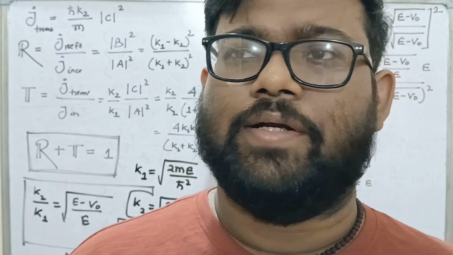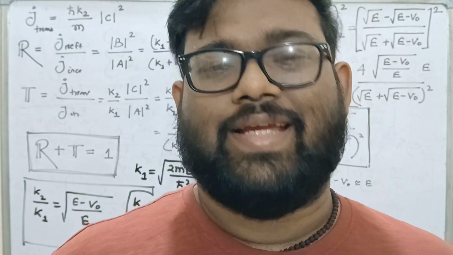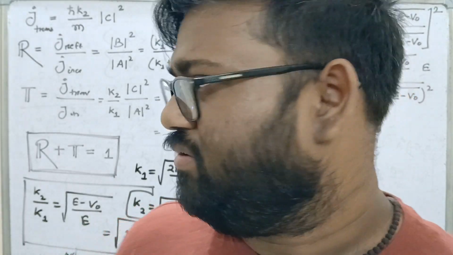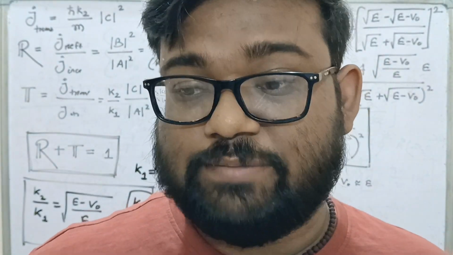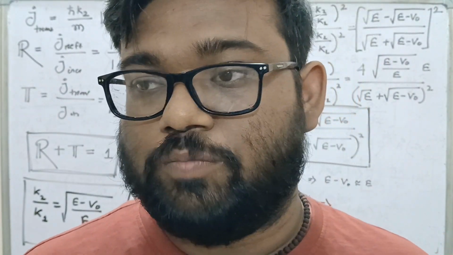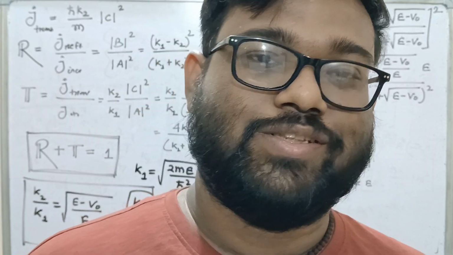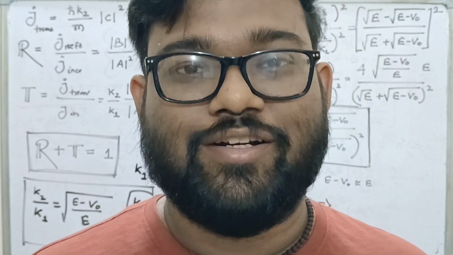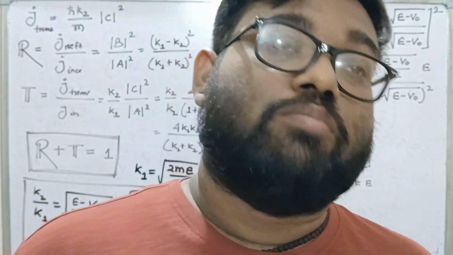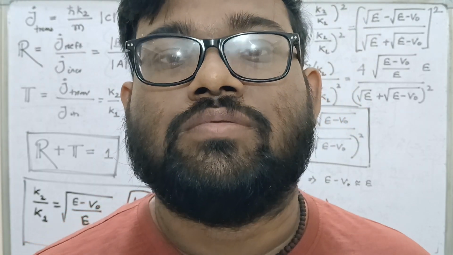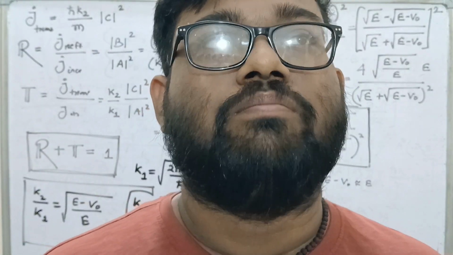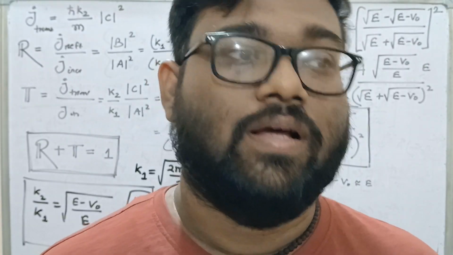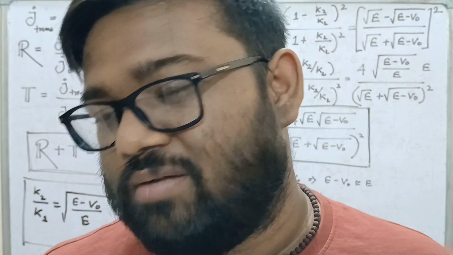In that case, your transmission coefficient will be 0. People will think, okay, transmission coefficient is 0, it means the particle will not enter the potential. But the probability density is not going to 0 immediately. Probability density is getting to 0, but exponentially. That part is interesting. I'll make another video for it.